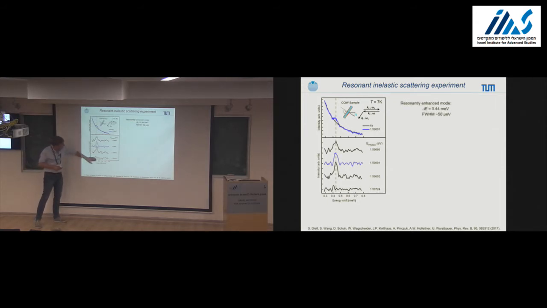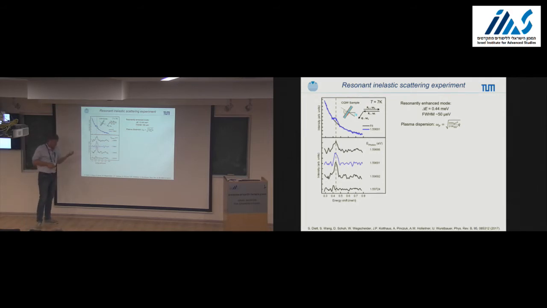These resonances are roughly at 0.44 meV, and the full width is 50 µeV. That is the energy shift with respect to the incoming laser. Yes, it's like a Raman shift, if you want. But we plotted it in meV because in this community we rather talk about meV, not wave numbers.